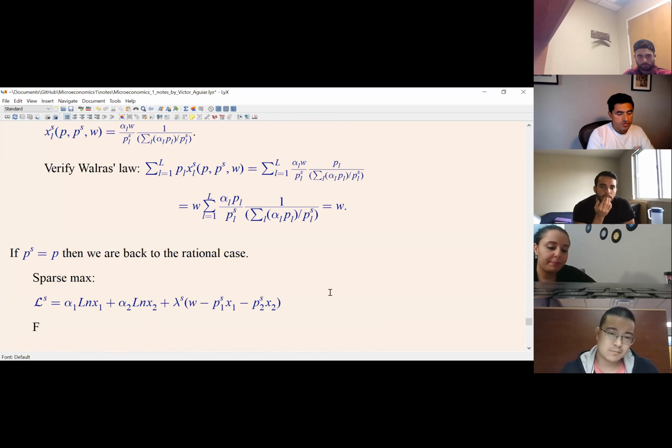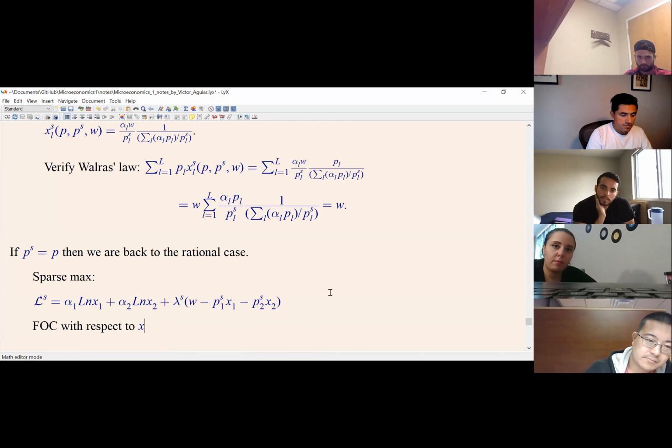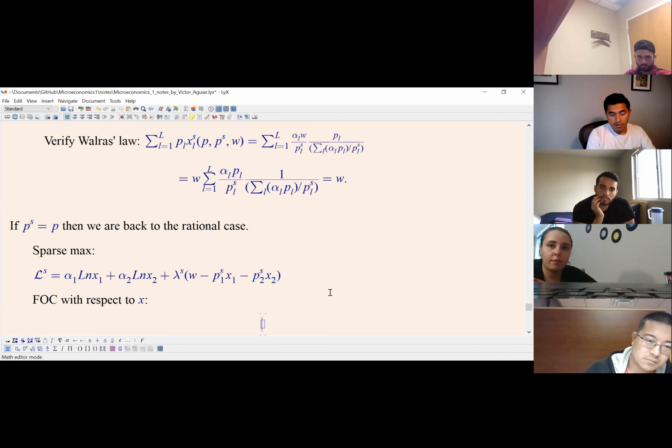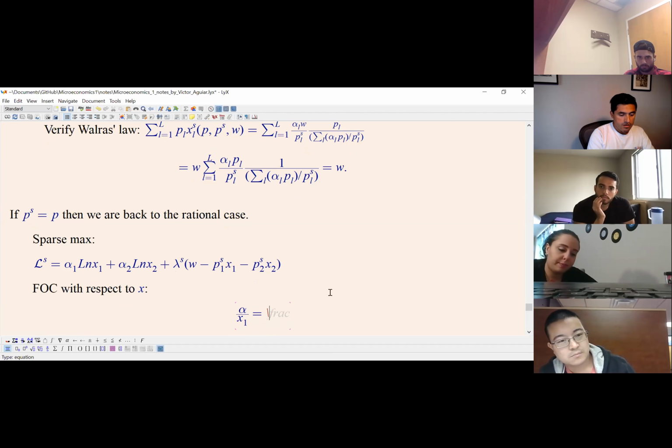Okay, so now from this first step, what do I get? First order conditions, right? So as usual, this is alpha, x1 is equal to lambda s p1, okay?